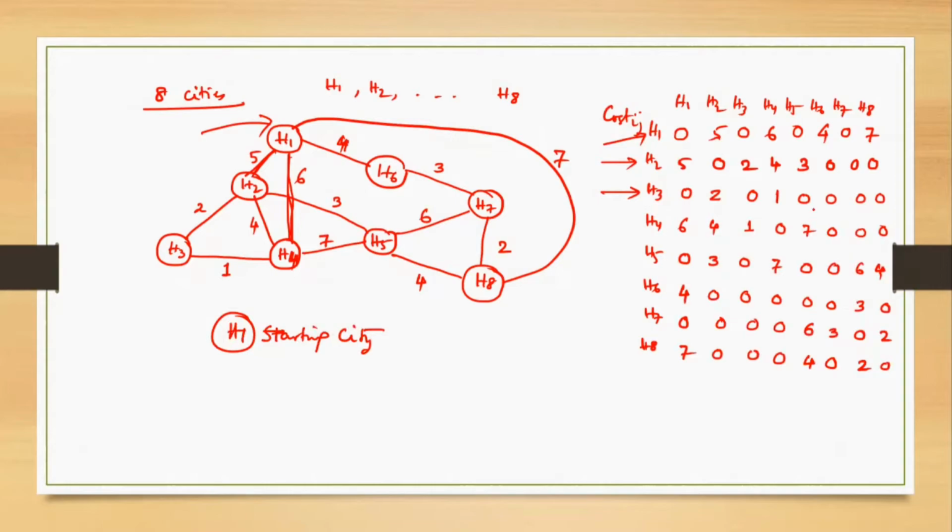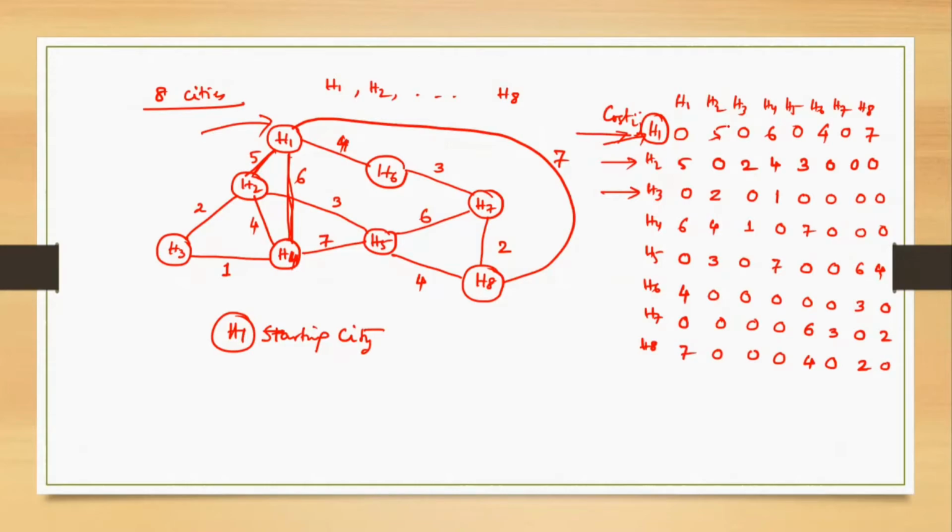So we are now at H1. We scan the H1 row and identify the city having the minimum cost from H1. H1 to H1 is 0, so no need to consider. You have to identify the minimum non-zero entry.